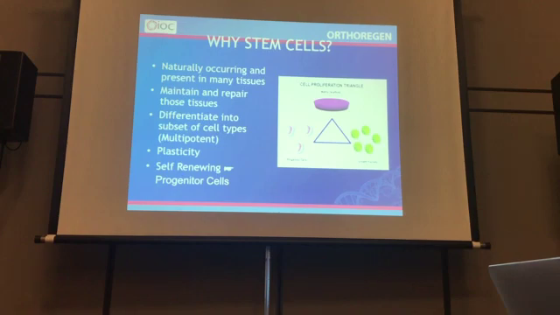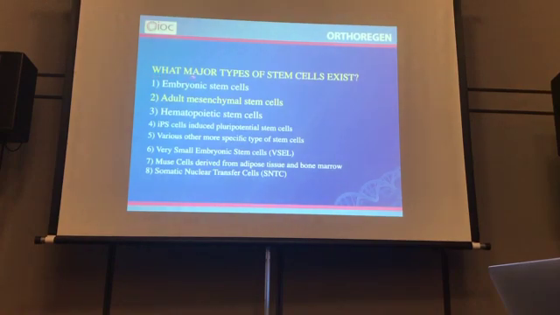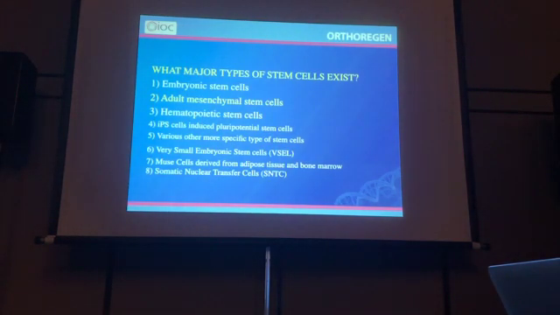cells. Well, I borrowed this slide gladly from Professor Purita. What major types of stem cells are there? There are the embryonic stem cells. We all know our cells come from embryonic stem cells. We have some ethical problems using them therapeutically, and they are always allogenic. You have to borrow them from other cells or from other embryos.